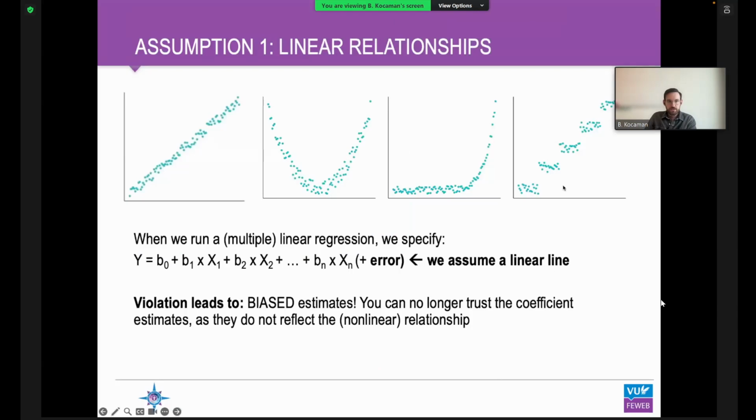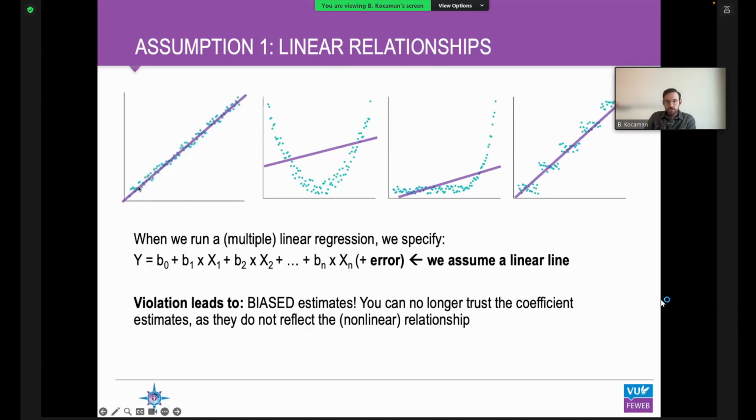Let's start with linearity. We actually already talked about linearity. In linear regression, as the name implies, we assume linear relationships between independent variables and a dependent variable. And here you see several types of relationships. When we fit a linear regression on all of these data, the result will always be a straight line.